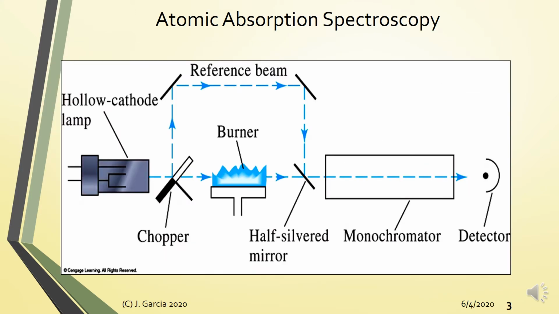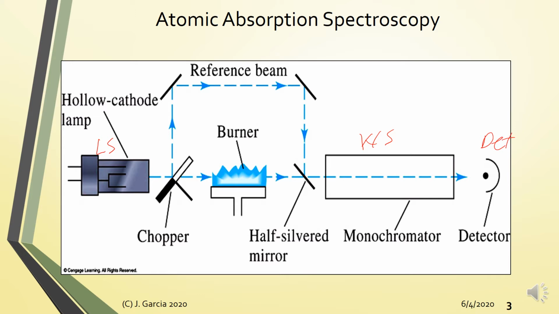So this is the schematic diagram for a flame AAS. As we discussed in the previous modules, you have the same components. You have the light source, the wavelength selector, and then the detector.